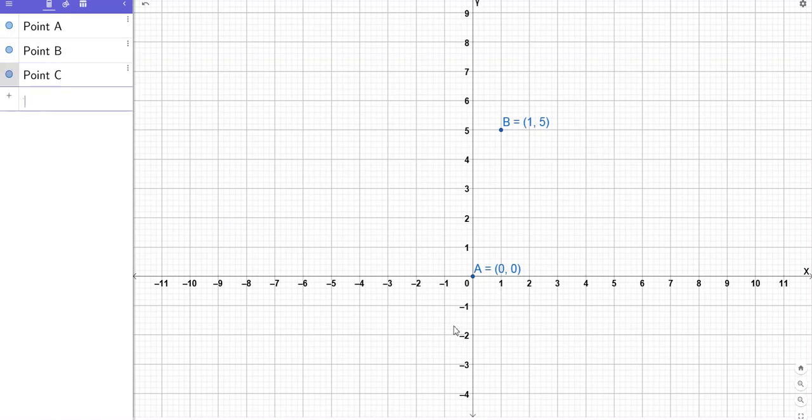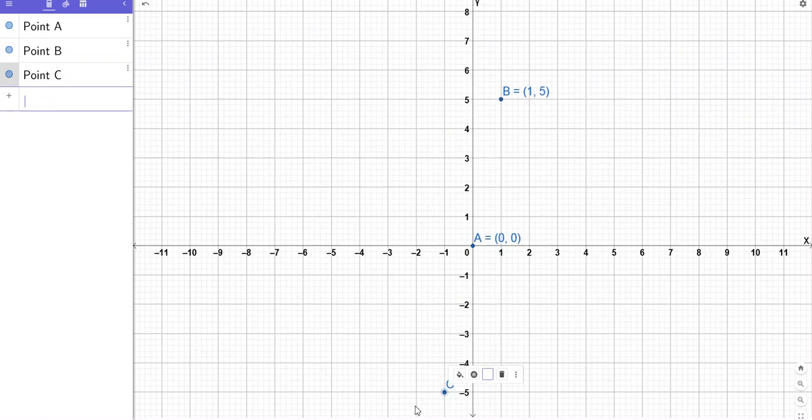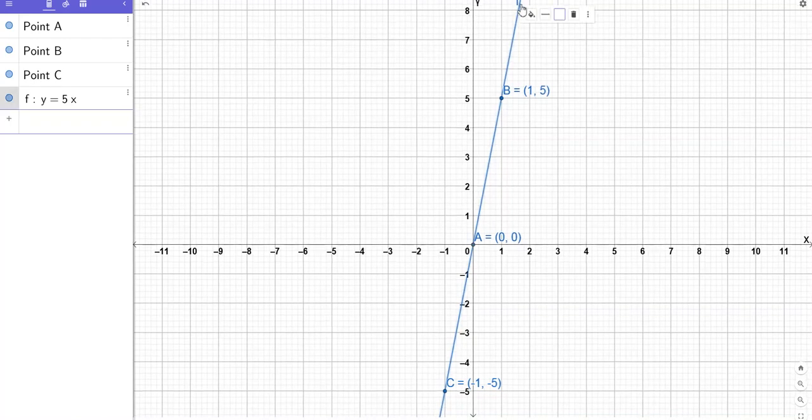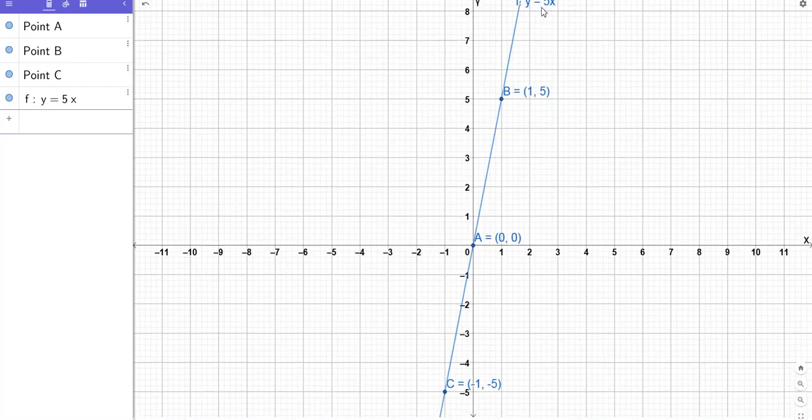So -1 comma -5 is over here. And then what we need to do, we need to draw a graph passing through these 3 points. So the graph was Y is equal to 5x. Here it is. Y is equal to 5x. So this is how we'll draw the graph.